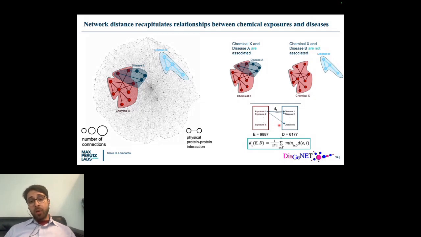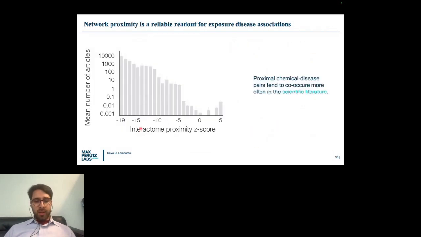And what we found that was super interesting for us is that there was a clear correlation between this interactome proximity z-score, which, as I said before, the more negative, the closer the two sets are, and the number of articles. So what we tested here was to take pairs of chemical exposures and diseases, check for their interactome proximity, and then text mine the scientific literature for the number of articles that show the co-occurrence of that chemical compound and the disease.